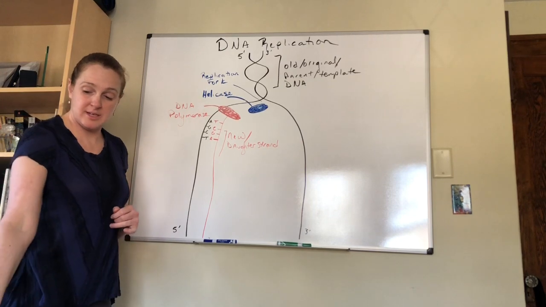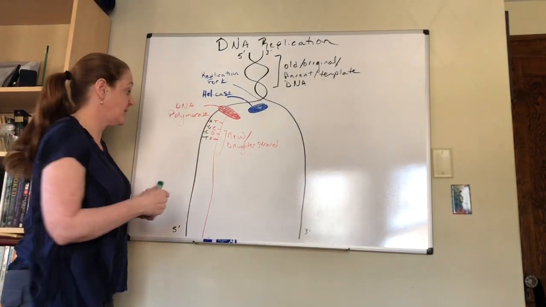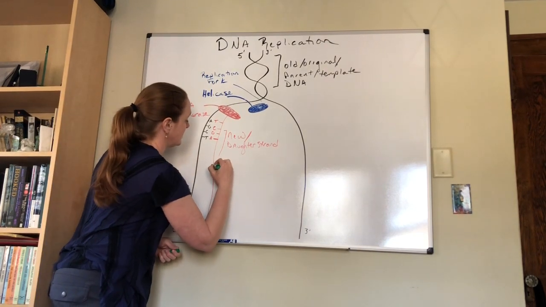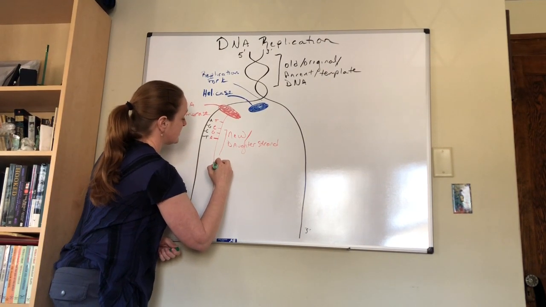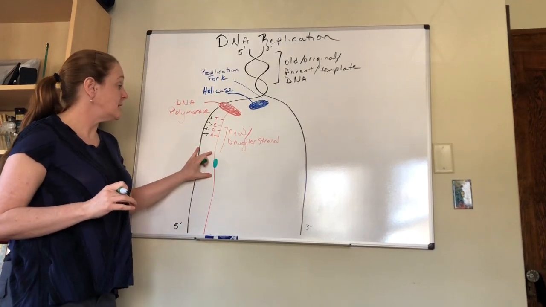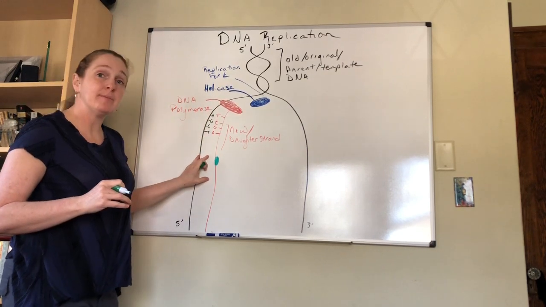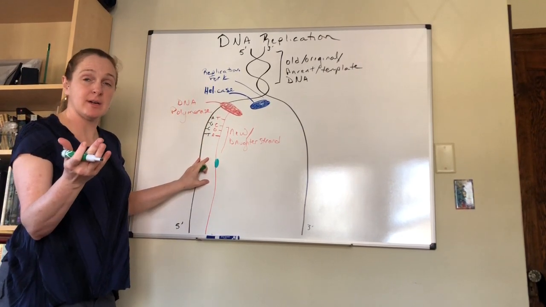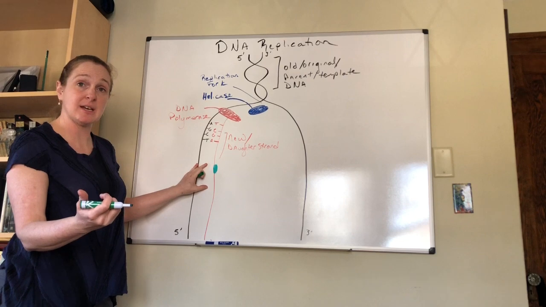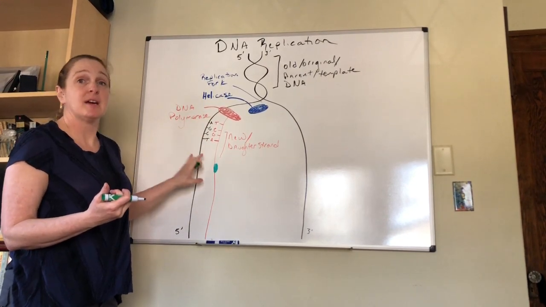Once DNA polymerase has built and made this new strand of DNA, our next enzyme that will come in will be ligase. Again, I'm drawing it like a cartoony bubble. I'm only drawing it on the new strand because as the new strand is being built, we've got those nucleotide monomers, the sugars and phosphates, bonding together. We want to make sure every single sugar and phosphate is bonded tightly together.